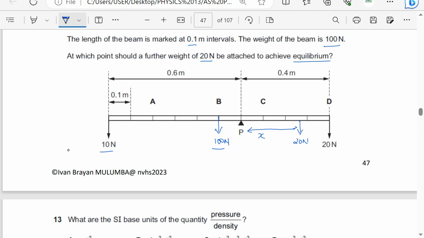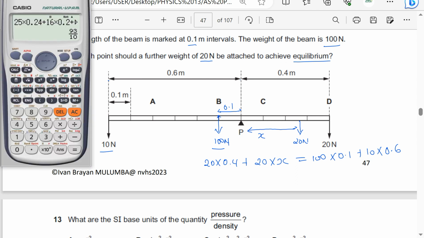Let me just assume the distance this side is x. So we have 20 times the perpendicular distance, which is 0.4, plus another 20 times the perpendicular distance, which is x. These will cause clockwise moments. This should be equal to the other side, which is 100 times the perpendicular distance here, 0.1, because this is the midpoint, this is 0.5, plus 10 newtons times the perpendicular distance, which is from here up to 0.6, so this is times 0.6.